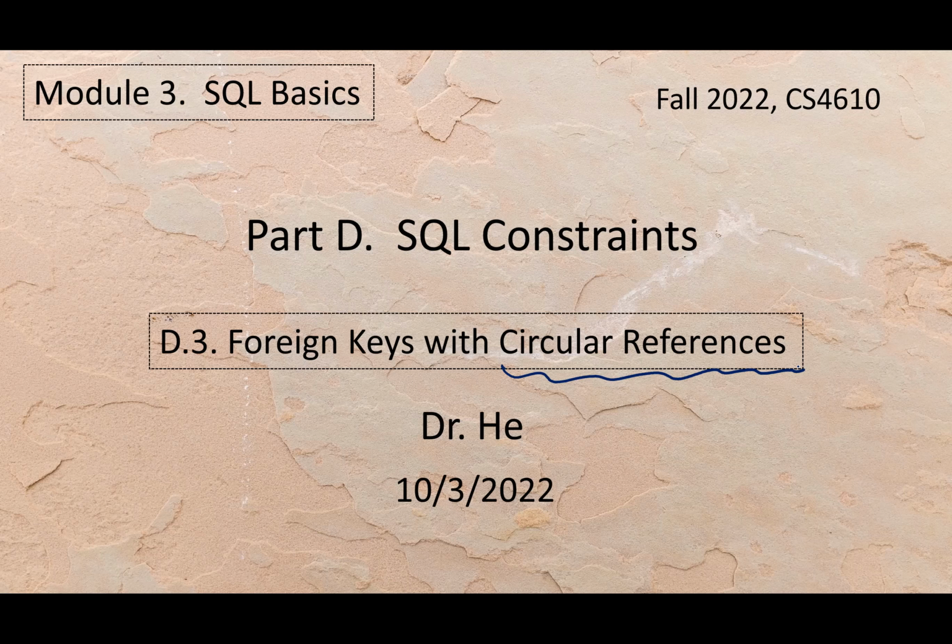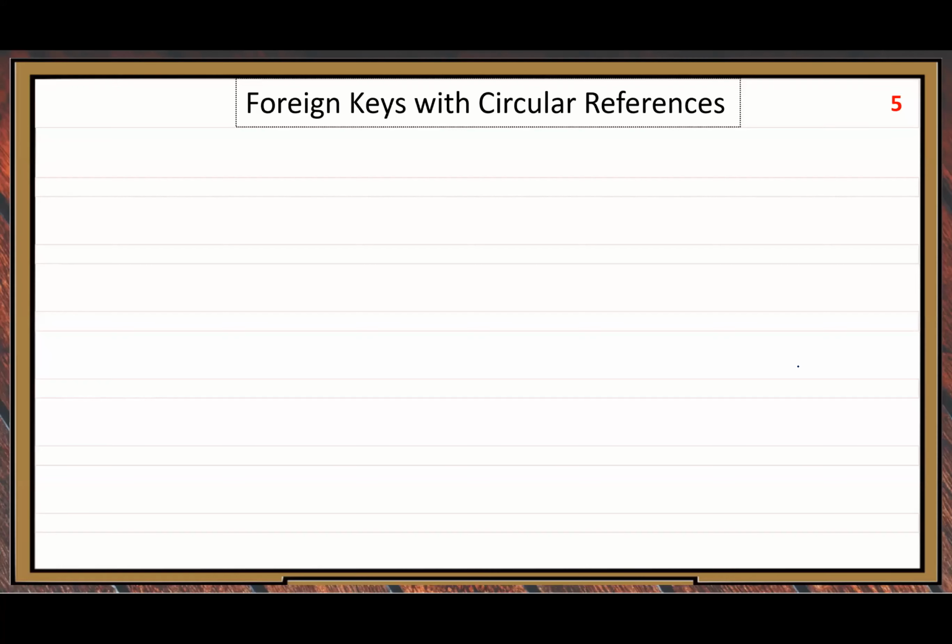Here, let us take a look at that example, foreign keys with circular references. The meaning of circular reference: a table references itself. Is it allowed? Yes, because in the business world, we can find situations where we need this kind of reference.